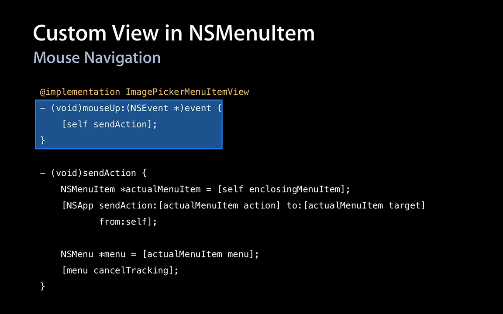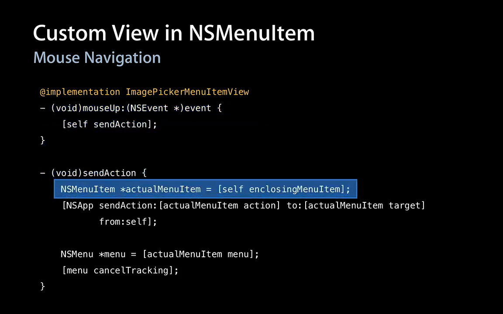Now, we're not implementing mouseDown or mouseDragged, but it is important that we implement mouseUp. When you get a mouseUp event in your custom view, you'll only get that when the user has actually released the mouse over your custom view for the menu item. If it's any other menu item, you won't get the mouseUp. So now that a mouseUp has occurred in your menu item, we obviously want to go ahead and send the action that's associated with that.